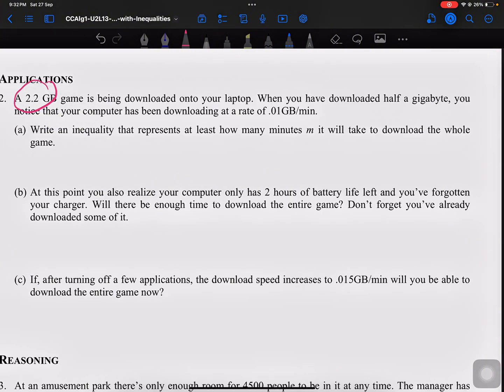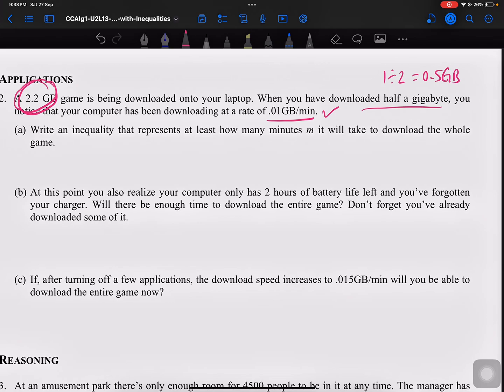2.2 gig being downloaded. When you download half a gigabyte, meaning 1 divide 2, so it is 0.5 GB. Okay. That your computer has been downloading at the rate of this. So meaning 2.2 gig is being downloaded at a rate of this.